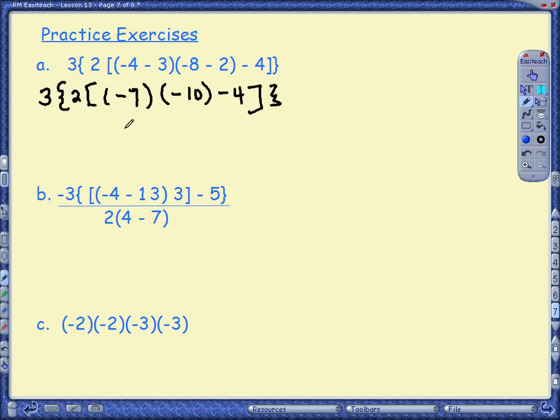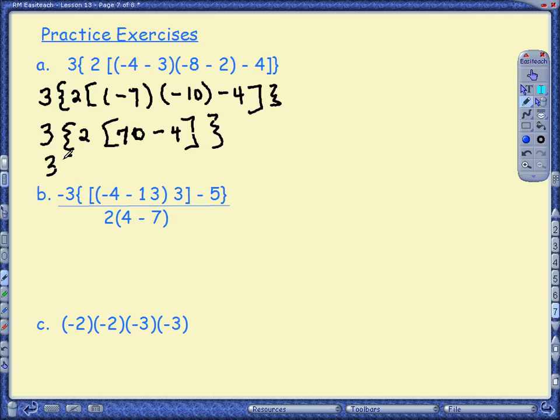Now we have to work within the brackets. There is no sign between these 2 parentheses, here or here. That means multiply. So we have -7 times 10, and that's 70, minus 4, and close the brackets.